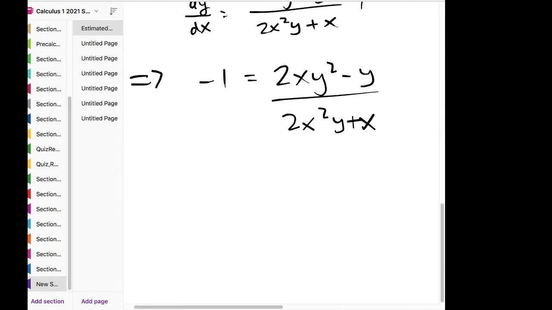So let's maybe simplify this. So I have negative 2x squared y minus x is equal to 2xy squared minus y. And let's just see how your math intuition is. How would you think to continue?